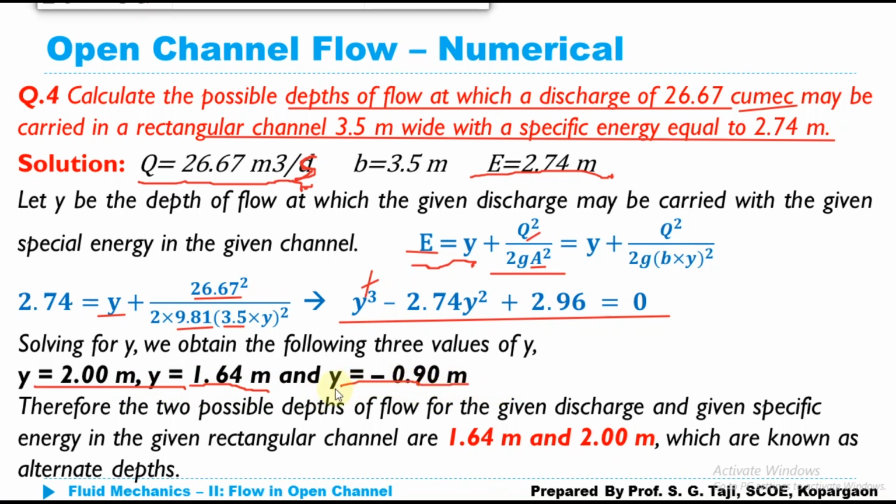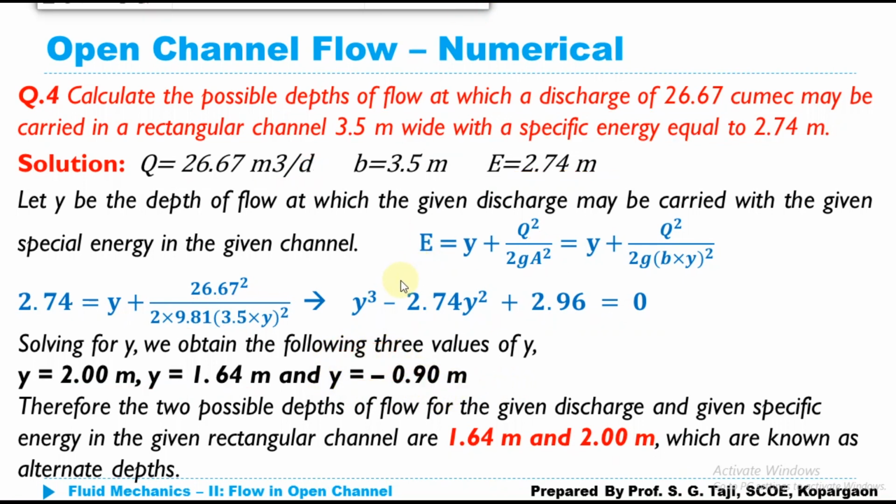Y equal to minus 0.9 meter is practically not possible because depth of flow can never be negative. So there are only two possible values of y, the alternate depths, 2 meter and 1.6 meter. Hope you understood this solution where we have computed the alternate depths.